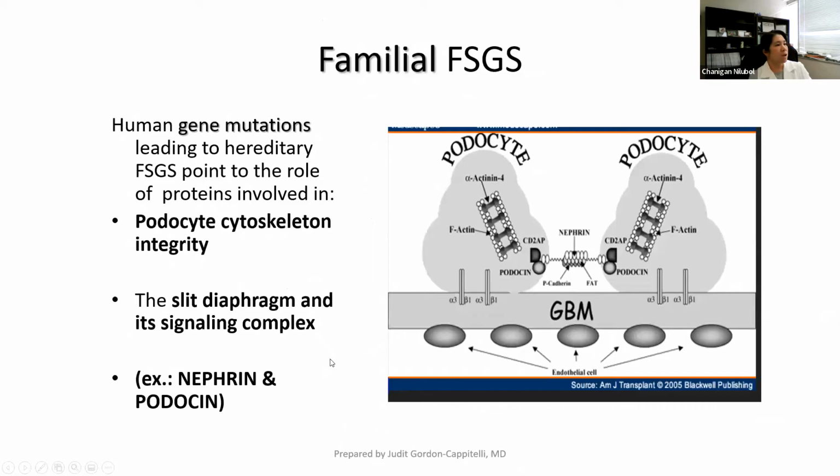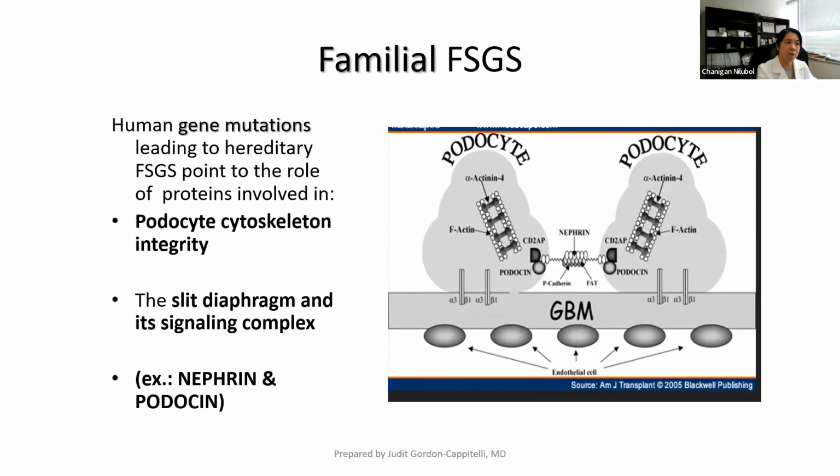Okay. So familial FSGS, you could see some of the gene mutations such as nephrin or podocin, which is part of the structure in the basement of the foot process, can lead to FSGS. And in this case, if the patient had a kidney transplant, they have the new kidney without this mutation, so the outcome of the transplant is excellent because they don't tend to have recurrence.